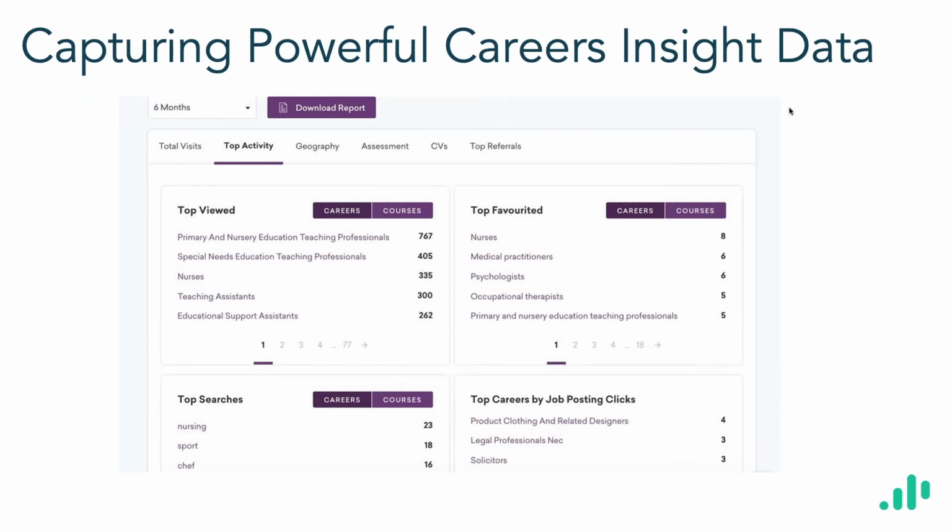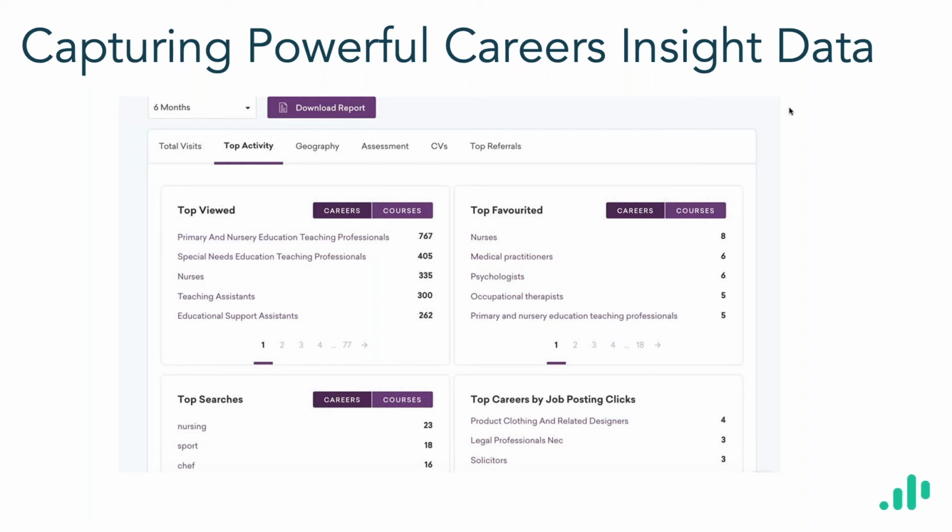What that allows us to do is target our careers advice and guidance in a more appropriate way, responding to the needs of the users by understanding what the top careers are at that time. And I certainly know from looking at this across the UK that the demand has fluctuated from what colleges usually experience to probably different types of careers as we enter this COVID world, or world post-COVID.